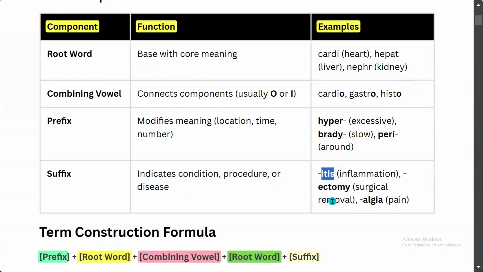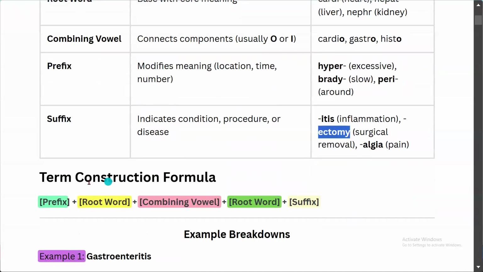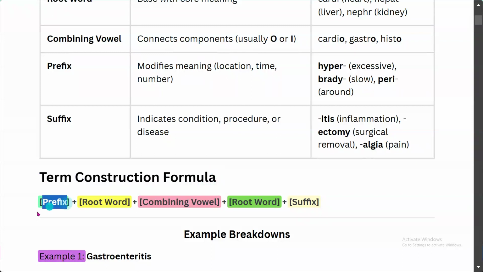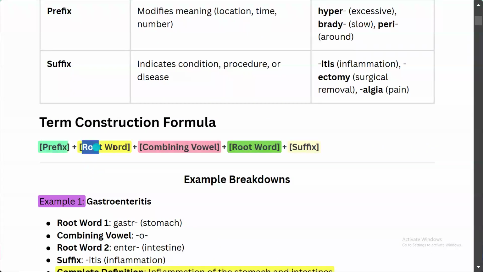You can use any medical term over here, like gastroenteritis, and if any organ is removed, appendectomy. So the term construction formula will be: you will use one prefix word, then root word plus combining vowel, then root word, then suffix.